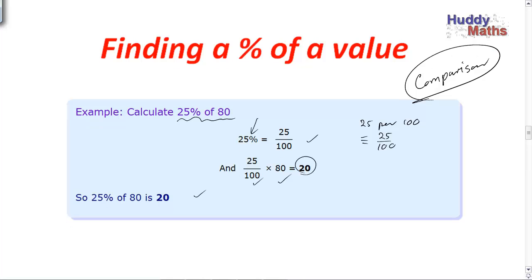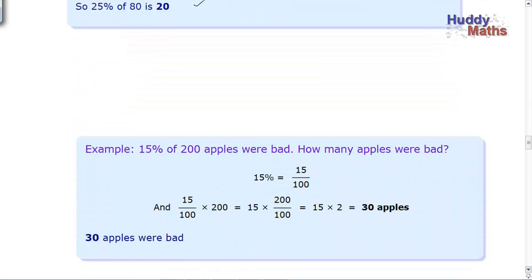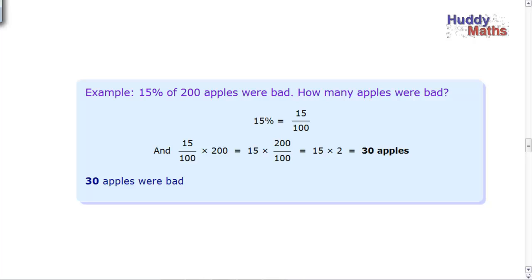All right, let's have a look now at another one. Somebody says 15% of 200 apples were bad. So the 15% suggests that every load that goes out might be like that. How many of your apples were bad if 15% were bad? So you go 15 out of 100, and you want that fraction of 200.